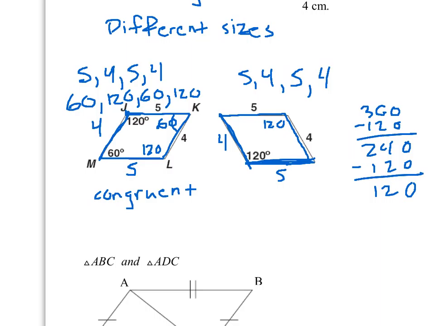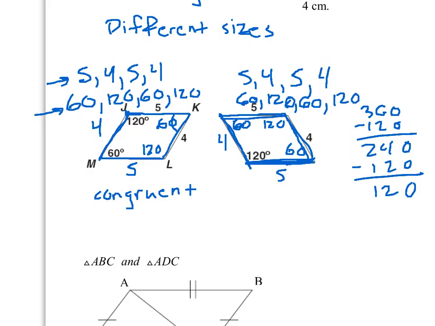Since it's a parallelogram, these two must be the same, so what two things can I add up to get 120? 60. So I can follow the 60, 120, 60, 120 pattern just like I could over here. So you just proved to me, because they are the same size, they have the same lengths, and the same shape, they have the same angles, that they are congruent.